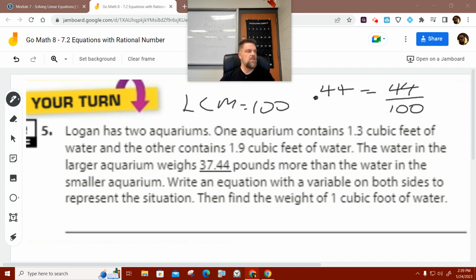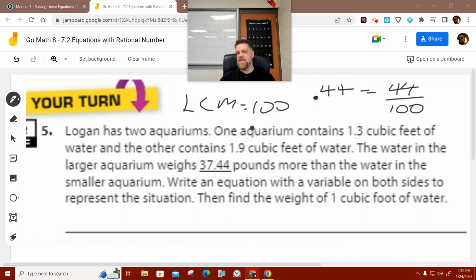So what we're going to do is write an equation for an inequality, and then I'm actually going to solve it with you because that's kind of the next step of stuff we need to do. So what I need to do is, at some point, I'm going to have to come in and multiply by the lowest common multiple of 100.